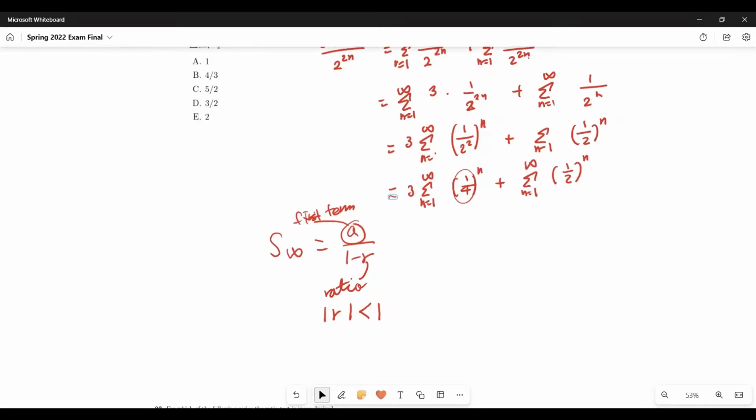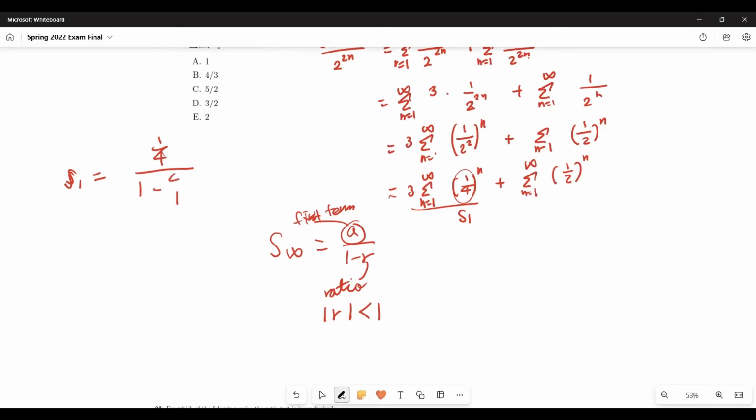So let's do this one first. I'm going to call this S1. S1 is equal to a, the first term, which is 1 over 4, over 1 minus the ratio, which is also 1 over 4.